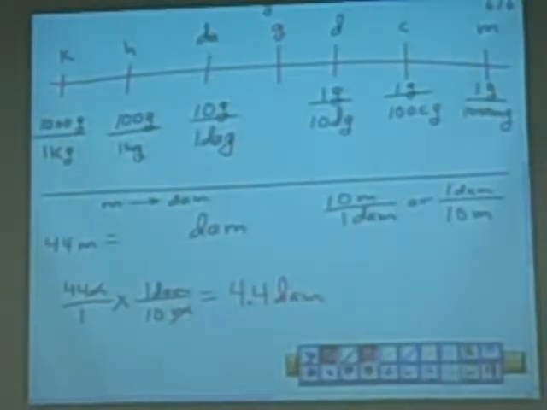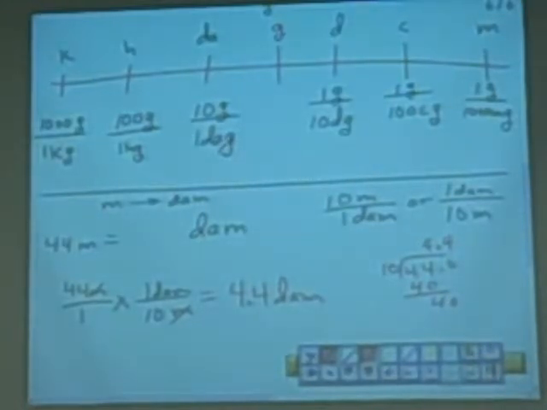So, I mean, you could do 44 divided by 10 this way too, and we know that 10 goes into 44, and that's 40, and so on. Okay, you could do it long division too. But when you're dividing by 10, your decimal moves to the left.